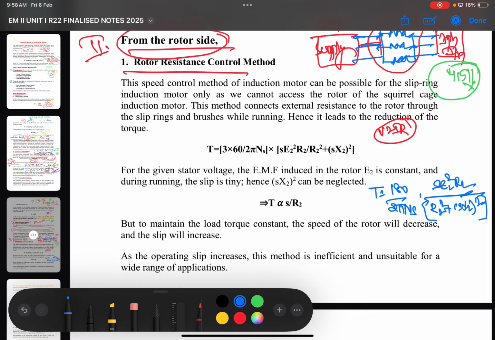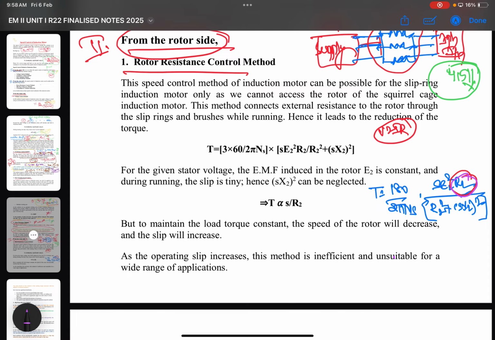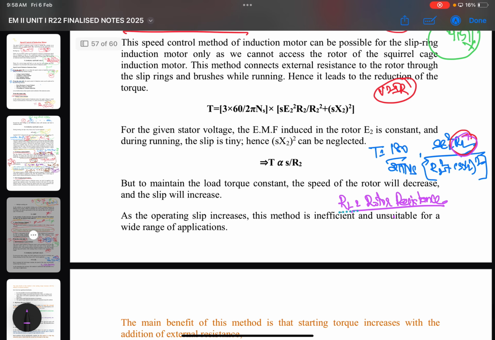Ultimately, now is there any term called here? What is R2 here? R2 stands for rotor resistance. We have two types of induction motors. What are the two types here? One is squirrel cage.